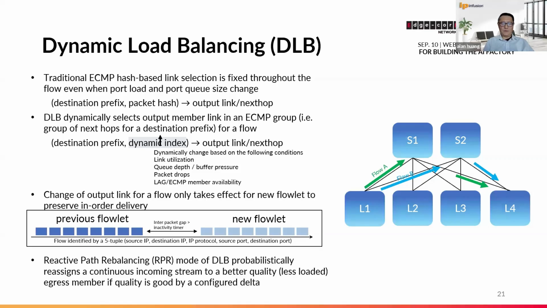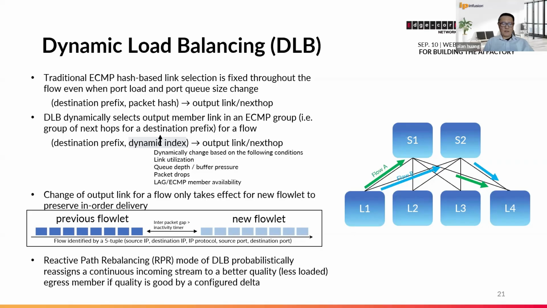Unlike the regular ECMP, which is based on a static packet header hashing, DLB uses a dynamic index, which takes into account in real time factors like link utilization, queue depth, congestion, and ECMP member availability, because sometimes a node or link may fail and it will change the ECMP group membership makeup.